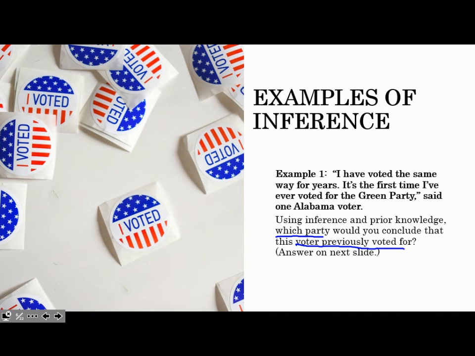So I want to think about all of my prior knowledge. My prior knowledge includes what I know about political parties. I know that there are major parties, and I know that there are minor parties. When I think of something major, I think of something large. So a major party, the United States has two. We have the Democratic Party, and we have the Republican Party. I also know that there are a lot of minor political parties as well.